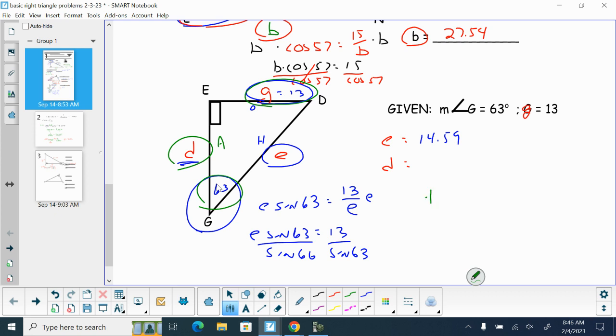So tangent of 63 is equal to 13 over D. Once again, multiplying both sides by D and dividing by tangent of 63, D is equal to 13 divided by tangent of 63. That comes down to 6.62.